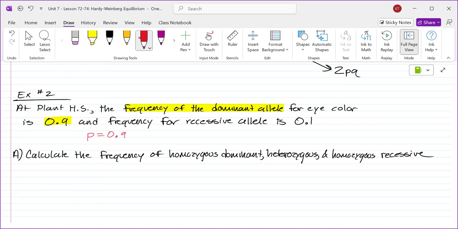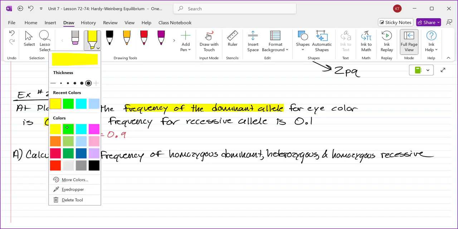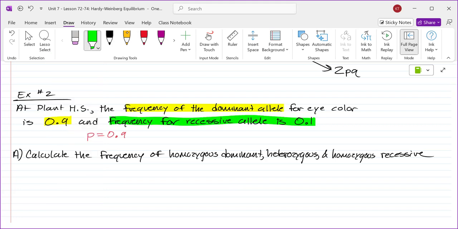Also, you were told that the frequency of the recessive allele is 0.1. What variable from Hardy-Weinberg does that stand for? Q. You're given Q. You just have to be able to recognize that.